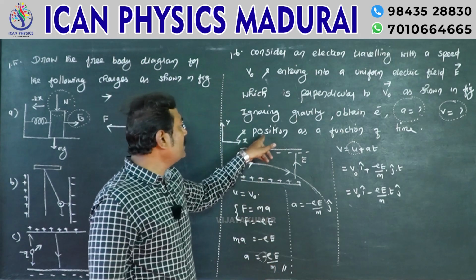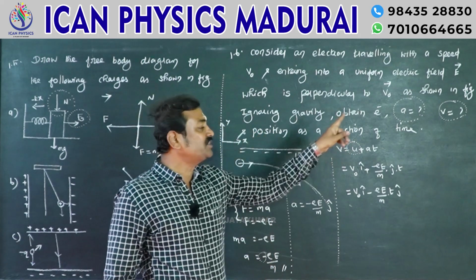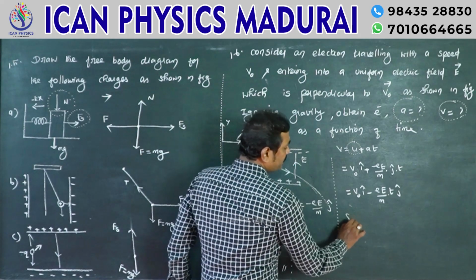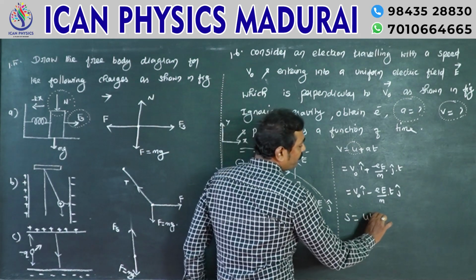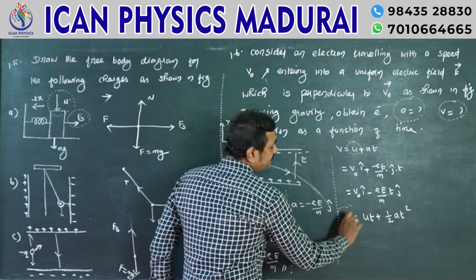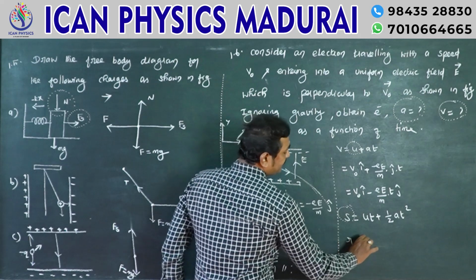Next, the position as a function of time. S equal to ut plus half at squared. S is the position, which can be taken as r.